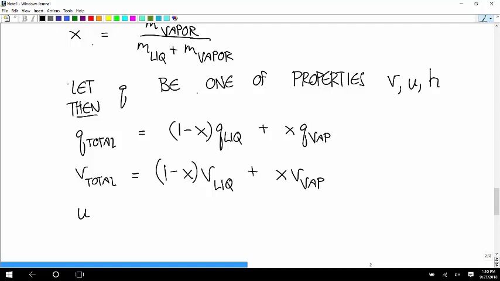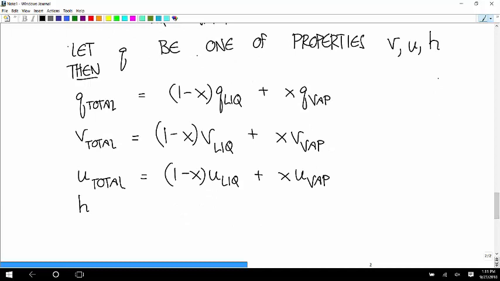For specific internal energy, U total is equal to the quantity 1 minus x times U for the liquid plus x times U for the vapor. And for enthalpy, which we haven't defined yet, the total is equal to the quantity 1 minus x times H for the liquid plus x times H for the vapor.